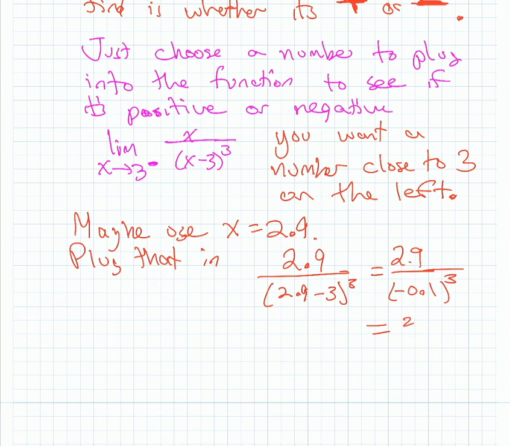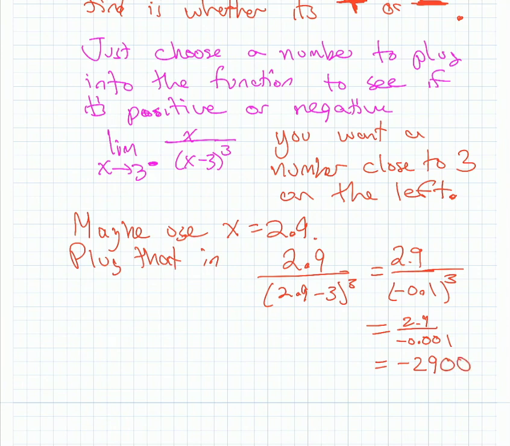So that's 2.9 over negative 0.001, and so that is negative 2,900.